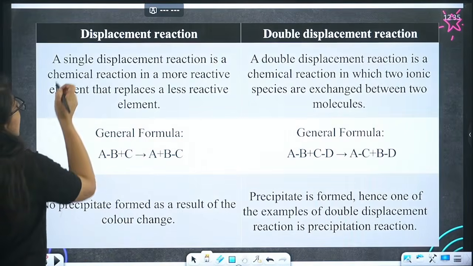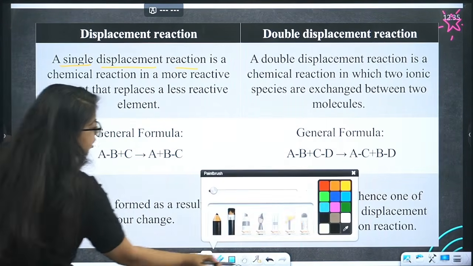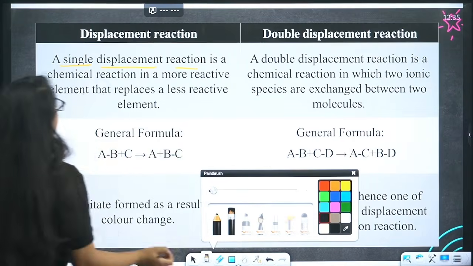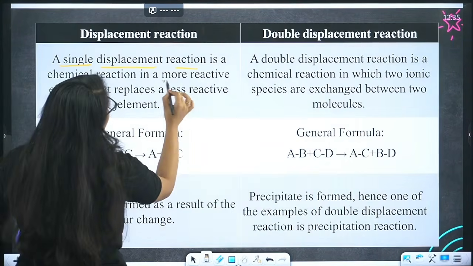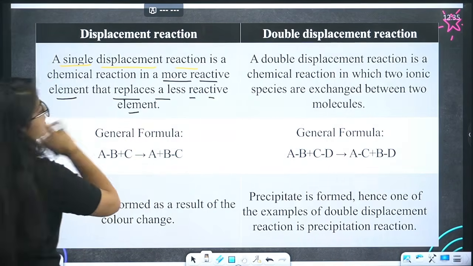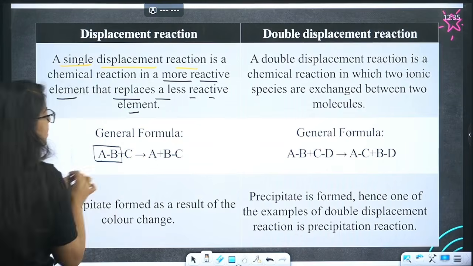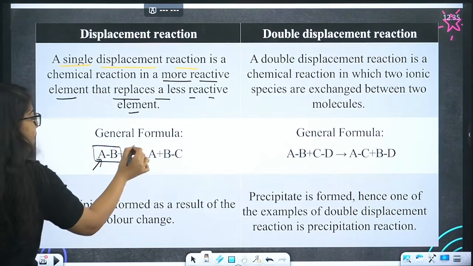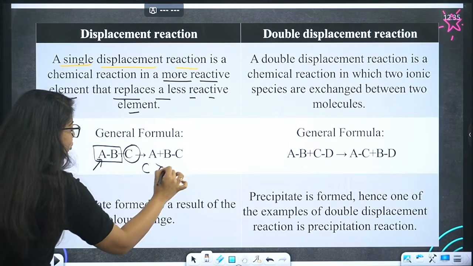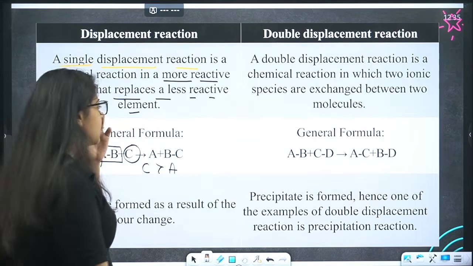A single displacement reaction is a chemical reaction in which a more reactive element replaces a less reactive element. In this AB, A is replaced by C, so C is more reactive than A. Done? Understood? Basic of it.